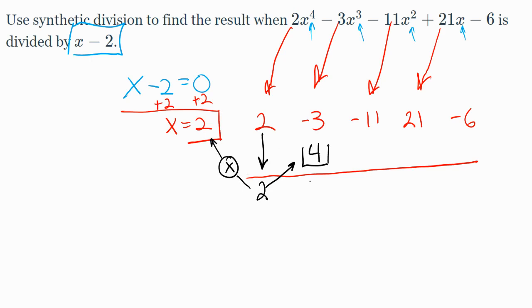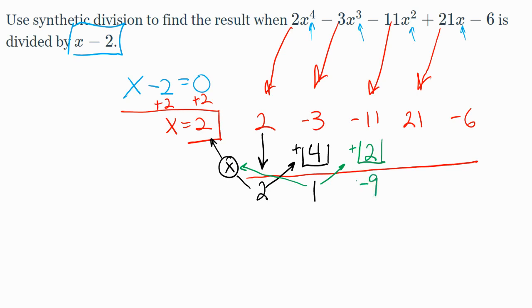2 times 2 is 4. And then you add vertically, which is going to give me a 1. And it's just a series of repeating the process as accurately, as quickly as possible. So we get 1 times 2 gives me a 2 here. And then we add vertically with the negative 11 to get a negative 9.